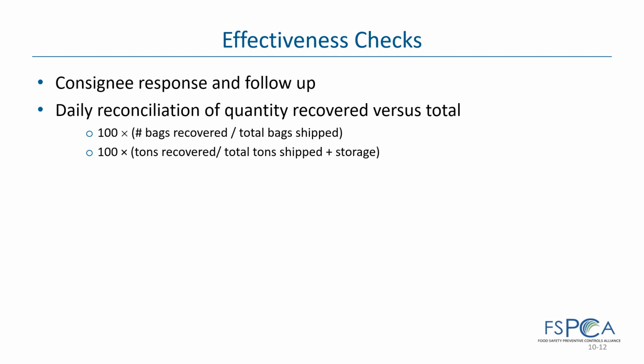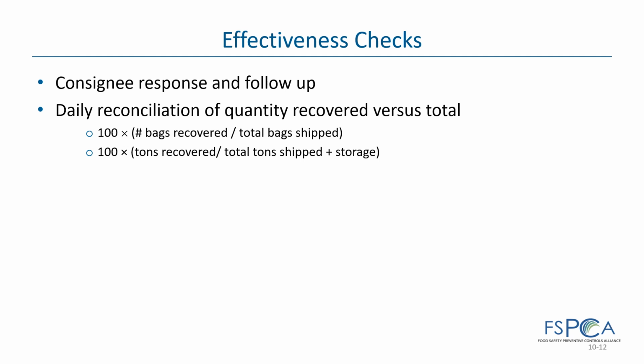Effectiveness checks are a really great way to make sure that your recall plan is effective. So what this might look like, I think the most interesting way to do this, usually this is going to be a situation where we are measuring the amount of affected product that we actually get back to the facility.